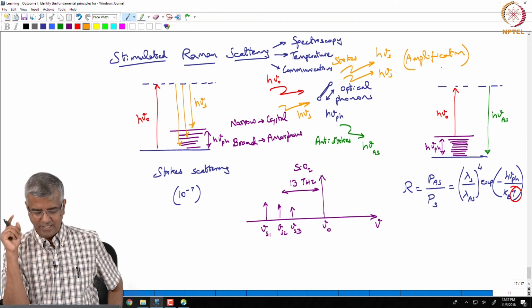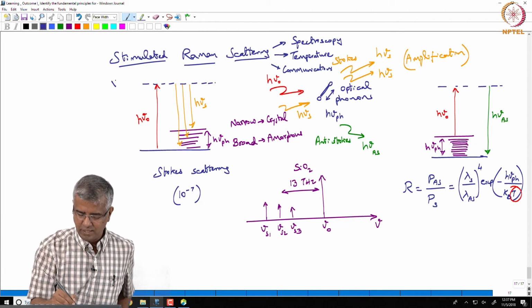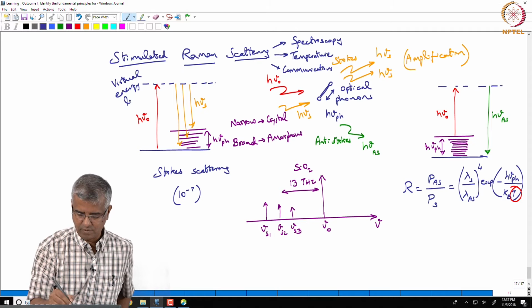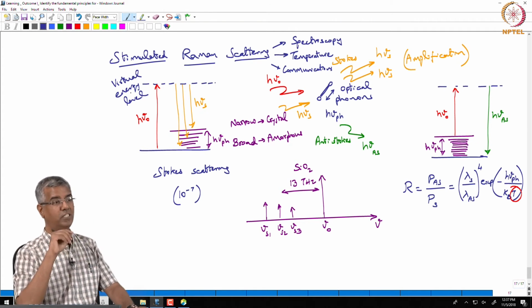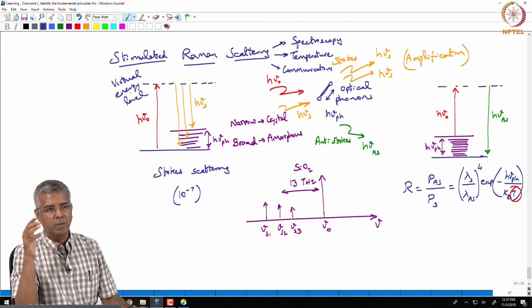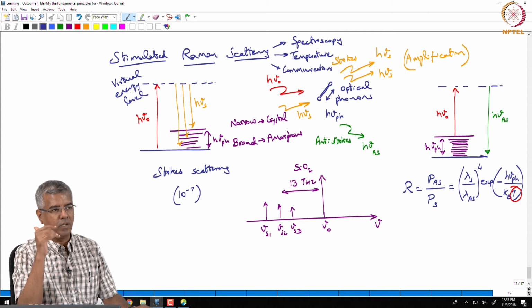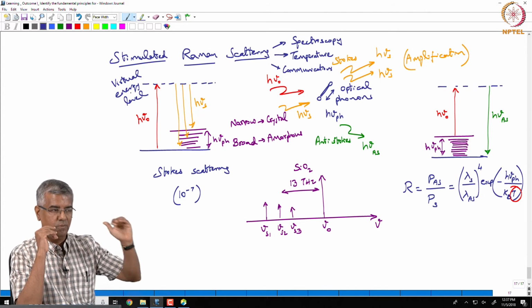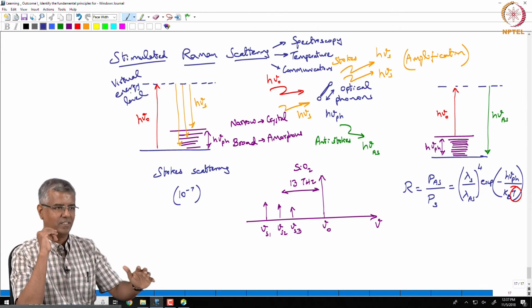But the key difference is that here we are talking about virtual energy levels. In erbium, ytterbium, neodymium, whatever rare earth ion we were looking at before, we were talking about God given physical energy levels.